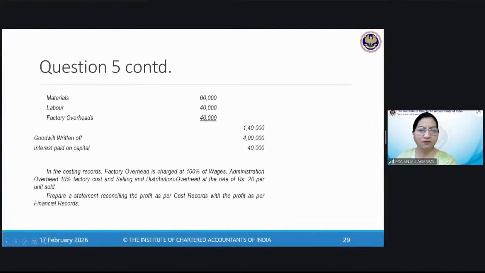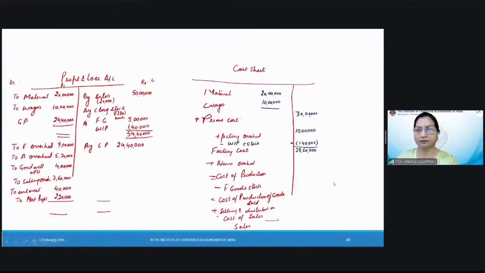In the costing records, factory overheads are charged at 100% of wages, administration overheads at 10% of factory cost, and selling and distribution at 20 per unit sold. So 10% of factory cost we will add.